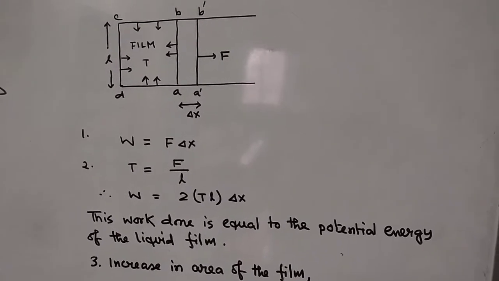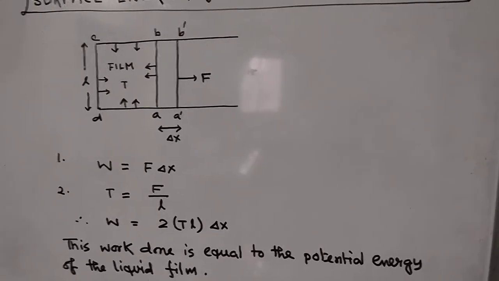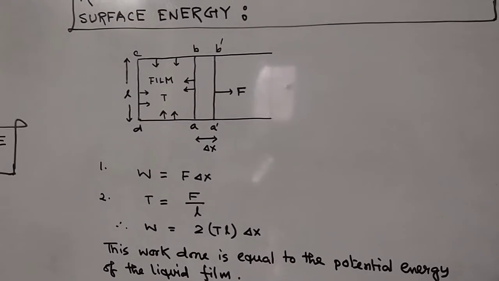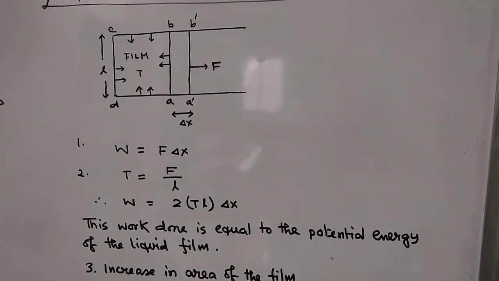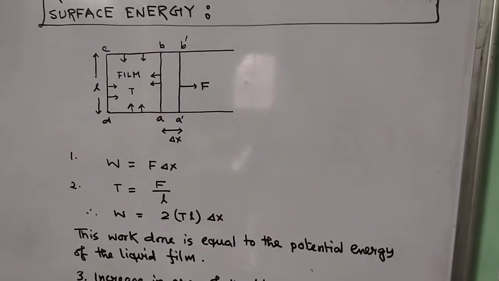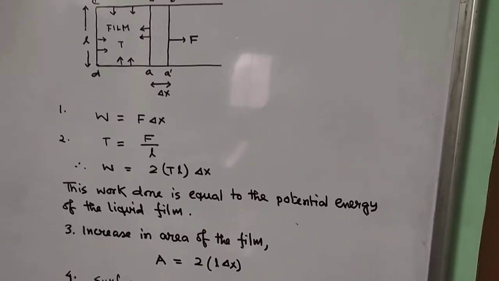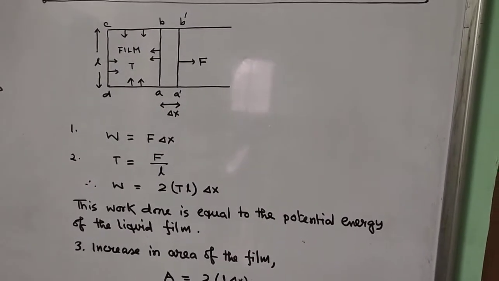This work done is equal to the potential energy of the liquid film. The energy spent doing work gets stored in the film as its potential energy. The increase in area of the film, as it has two surfaces, is 2L delta x.